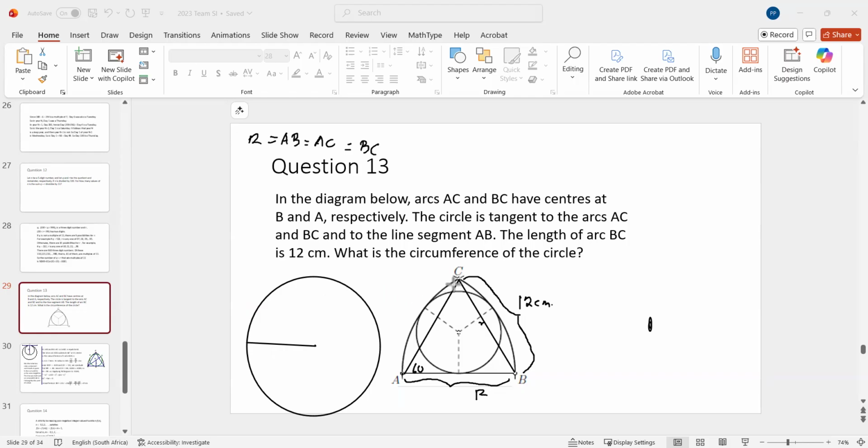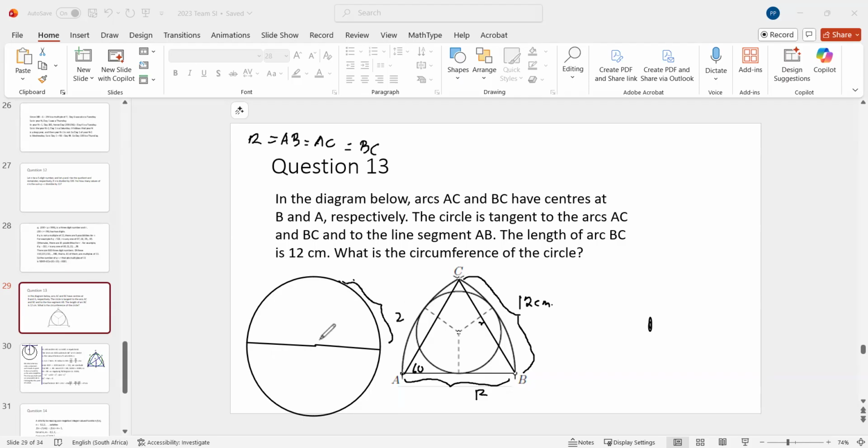And the arc BC, let's just draw it from this side, from here to here, is 12.